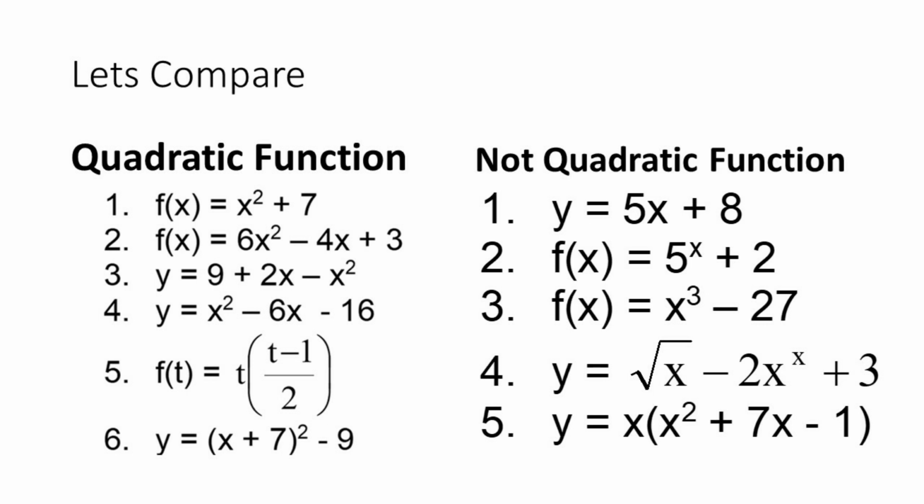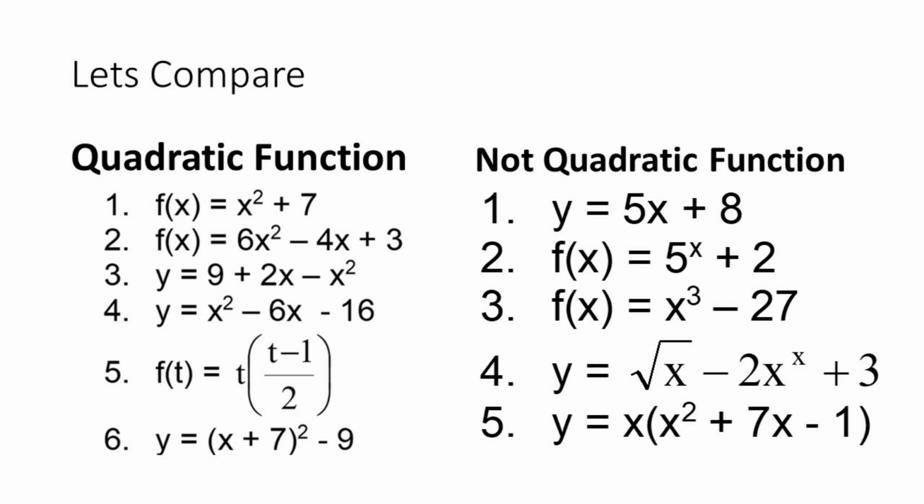On number 3, we could see that the highest degree present in the function is equal to 3. On the other hand, number 4 involves radicals. And lastly, on number 5, as we distribute x in the group x squared plus 7x minus 1, we could have a degree equal to 3.